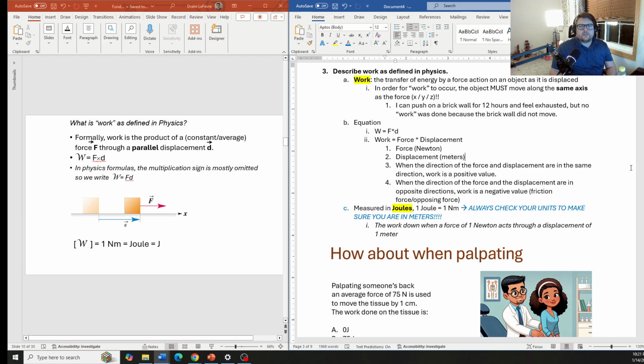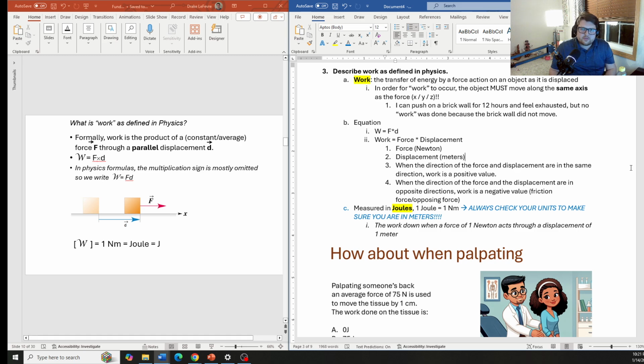So the work of that force is positive. Because there's friction, and friction opposes it and goes the opposite direction, the work of the friction is a negative value.